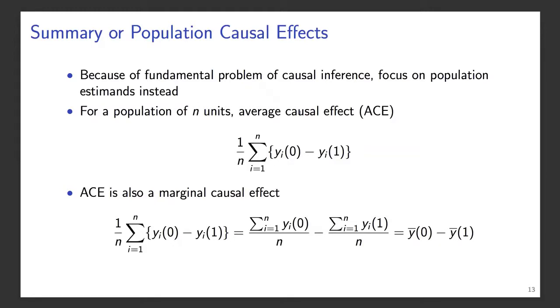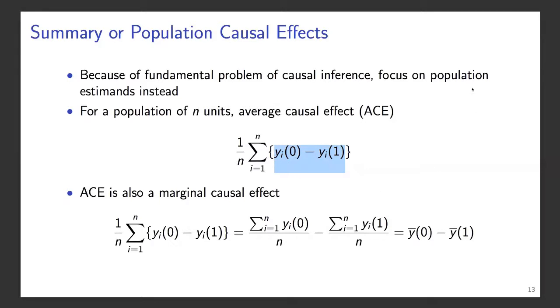So here, this is perhaps the most common parameter that folks target, which is the average causal effect. All we're doing here is taking the individual causal effects and averaging them across all the n units in our population. So you might call this a typical unit level causal effect. This is the causal effect for unit i, and then I'm just averaging across all units in the population.